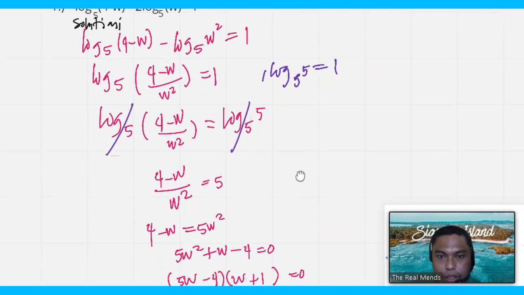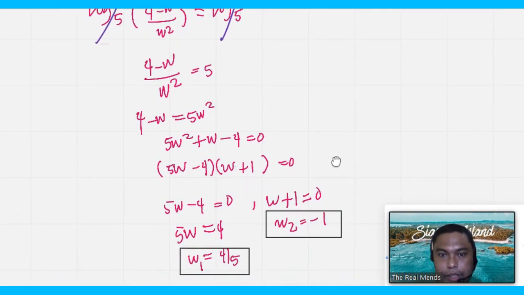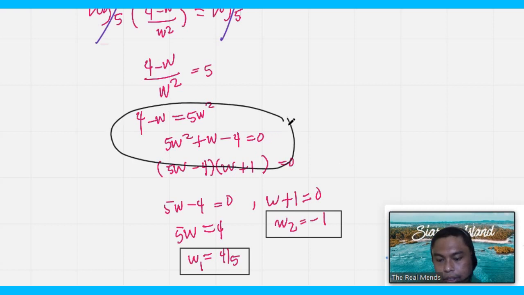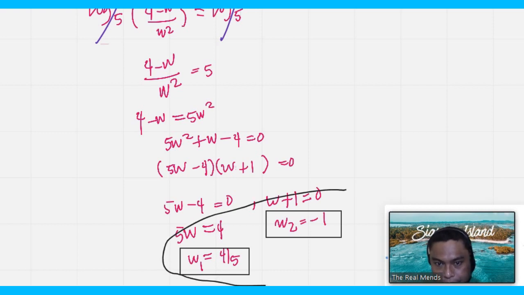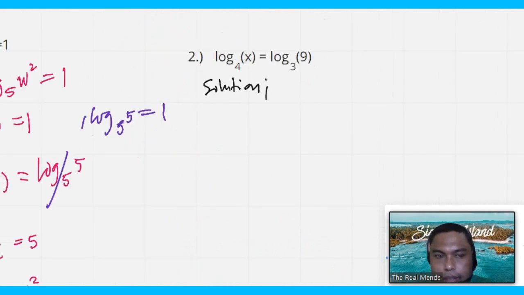So cancel out log base 5, and then I have 4 minus w over w squared is equal to 5, and then 4 minus w is equal to 5w squared. Use a quadratic equation, then factor out, and we can arrive at the two roots. W1 is 4 over 5, and W2 is equal to negative 1. Okay, let's proceed to problem number 2. And then first, copy the problem.